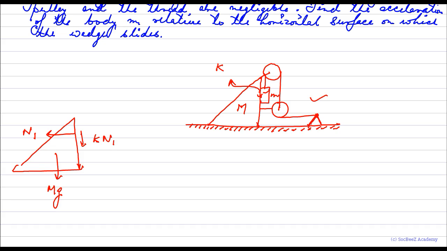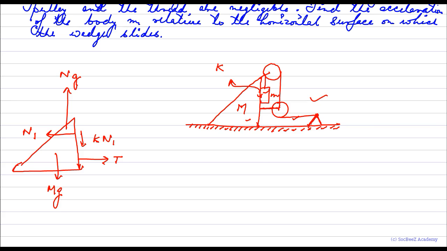And there is going to be a tension force which this particular segment of the string is going to apply on the wedge via this small rod which attaches the wedge to the pulley. Let's say its magnitude is T. And there is going to be a normal force provided by the ground, which balances all the forces in the vertical direction. Let's say its magnitude is N_g.